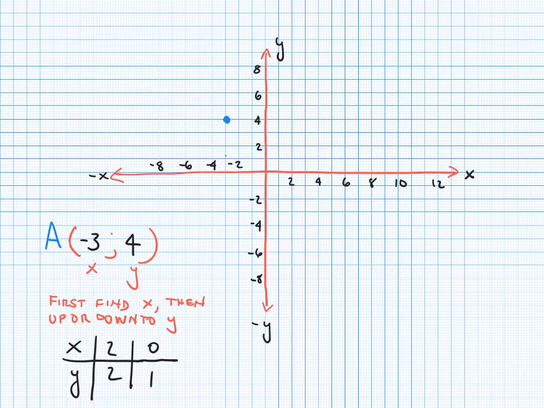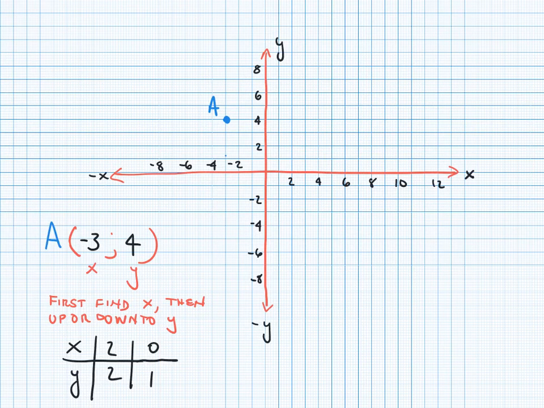So when I get there, I draw a point. So I've gone back again in the x direction, -3, and then I go up in the y direction to 4. And that is where the coordinate should be drawn. I've since added a letter label to this coordinate. And if I'm going to label my drawing correctly, I could label that as point A.